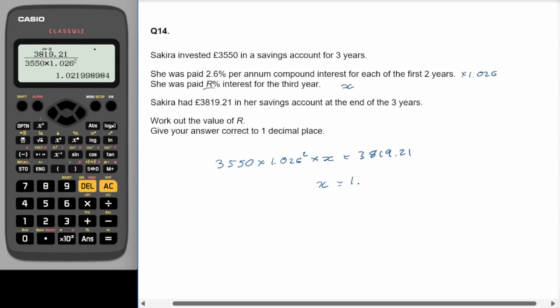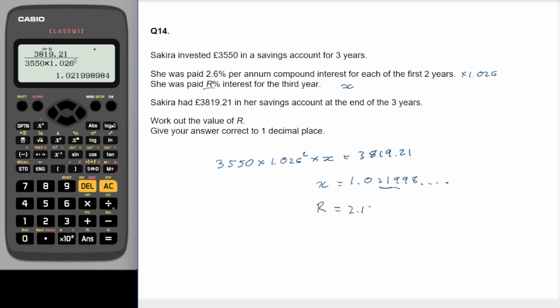So that is our value for x, which remember isn't our value for R. So R is going to be equal to this times by 100 and then take away 100, but it's going to be equal to 2.1998, so to 1 decimal place, that's going to be 2.2.